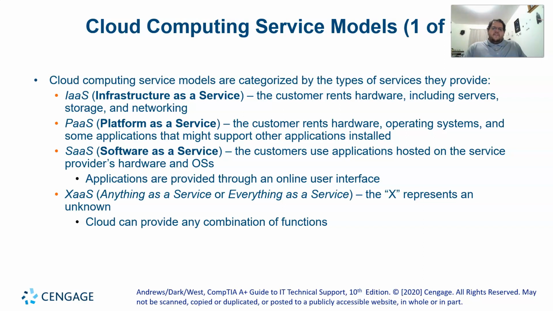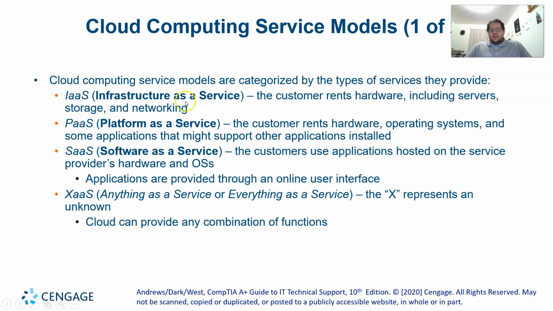Then you have software as a service. That's an application, so pretty much like Office 365 is software as a service. I just pay for Office. I have a payment every month so I can have access to Office 365. Then there's anything as a service, or everything as a service, where everything I could do, I have access to in the cloud to do it.